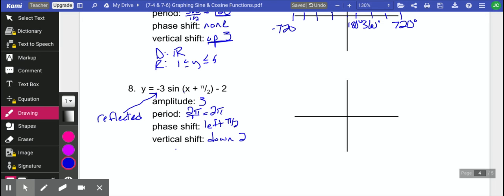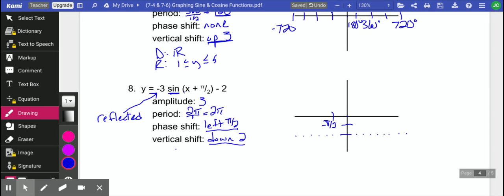So vertical shift is down 2. That means we're taking this entire graph, moving it down 2. We have a new midline, so I'm going to start with that. We're shifting everything left pi over 2. So normally the sine function starts at the origin, but we're going to shift that left pi over 2.